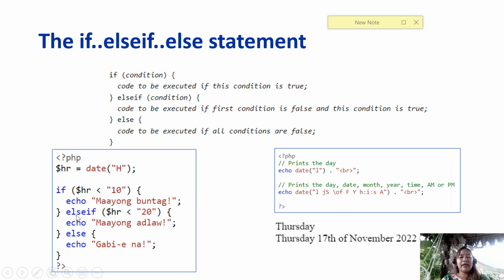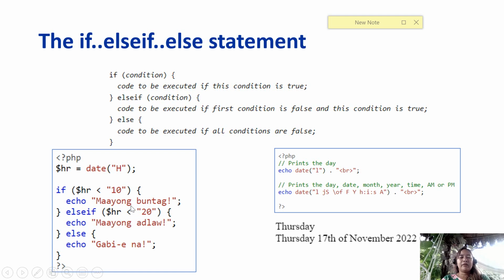So it will go to the else if part and check if this condition is also true or false. So if it's 10 a.m. in the morning, this first condition will be false. It will go to the else if part. And of course, 10 is less than 20, so that will make this second condition true, and it will display maayong adlaw.